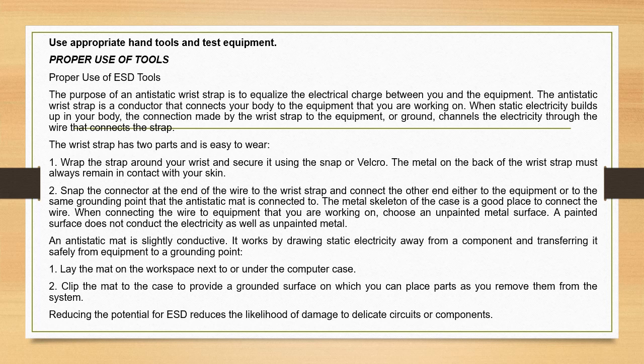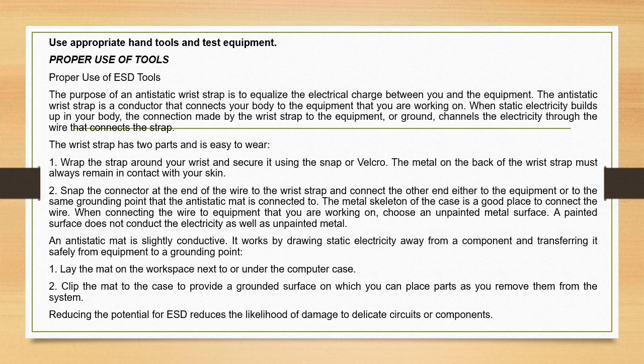The metal skeleton of the case is a good place to connect the wire. When connecting the wire to equipment that you are working on, choose an unpainted metal surface. A painted surface does not conduct electricity as well as unpainted metal.